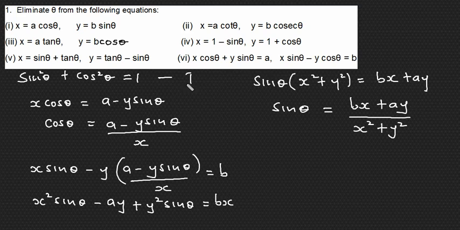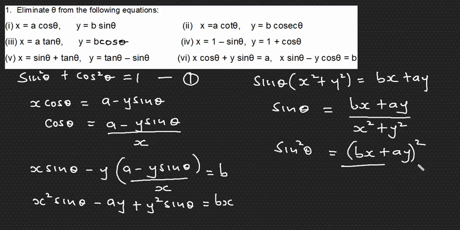So this is equation 1, this is equation 2. Let me get sine squared. So sine squared theta will be equal to bx plus ay squared over x squared plus y squared also squared. So this is equation 2.